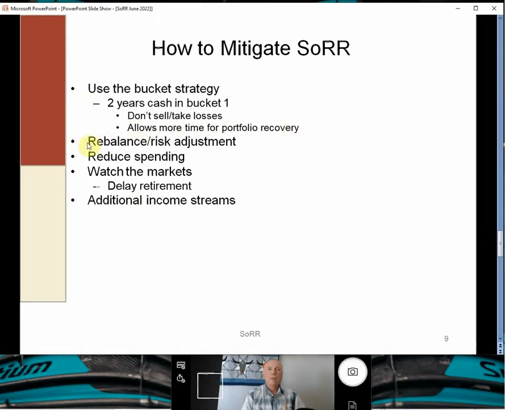Another thing is that if you do experience these investments going down, don't lose sight of the fact that you should always rebalance your portfolio, because if investments go down, then you're going to have that ratio of 60-40 be maybe more 40-60, equities versus fixed income. You always want to keep the amount that you have in your equities at your target rate, what your asset allocation target rate is.